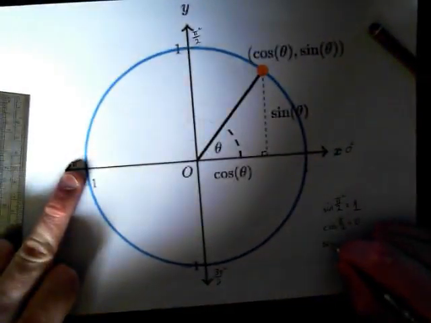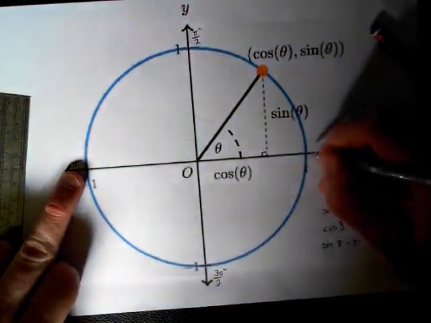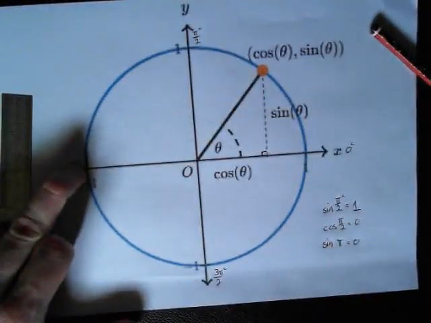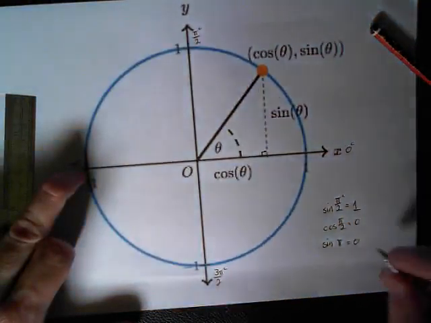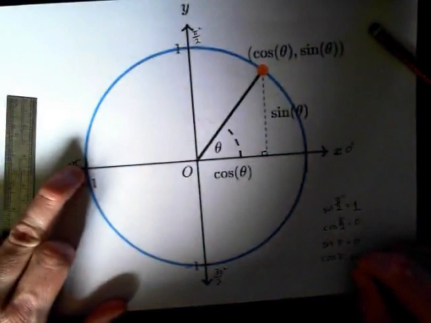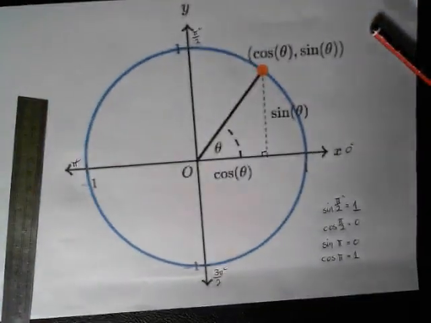Sine of pi equals 0, because if you go all the way around here, there's no vertical component. But the cosine of pi equals 1, because it's all horizontal.